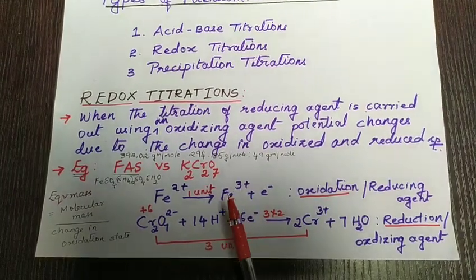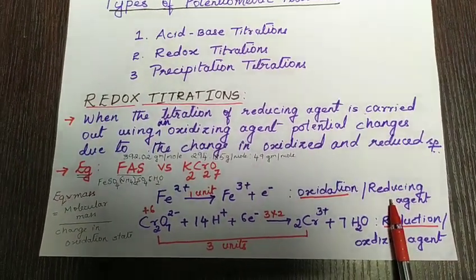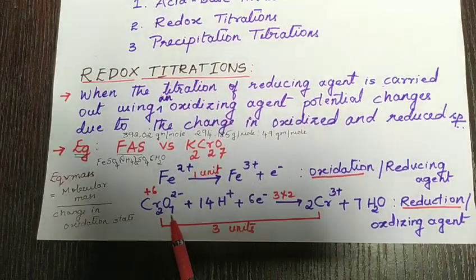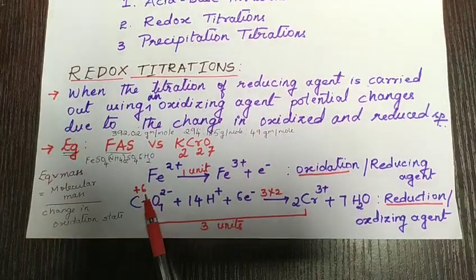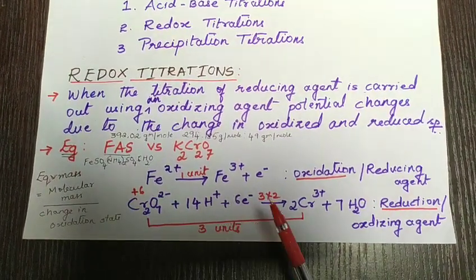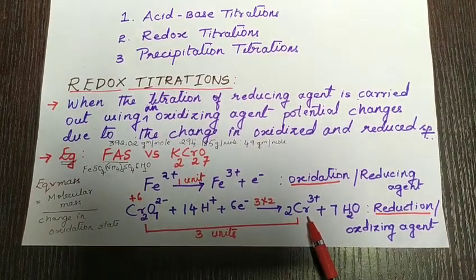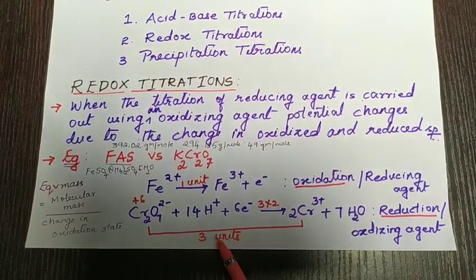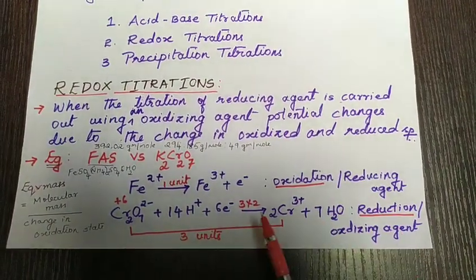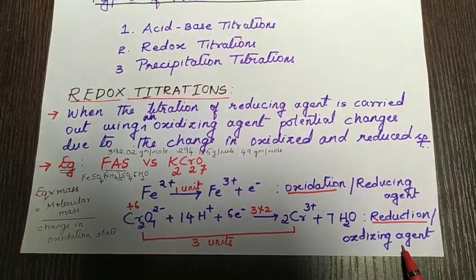Ferrous FAS undergoes oxidation and acts as a reducing agent. And the oxidation state of chromium in dichromate is +6. In acid medium, it accepts 6 electrons, and the oxidation state of chromium comes to +3. That is, dichromate undergoes reduction, accepting electrons, and acts as an oxidizing agent.